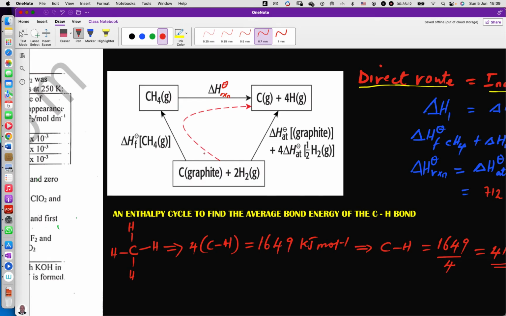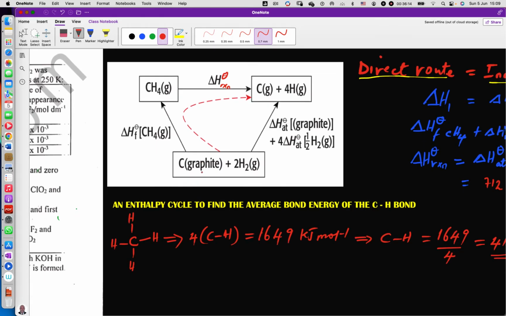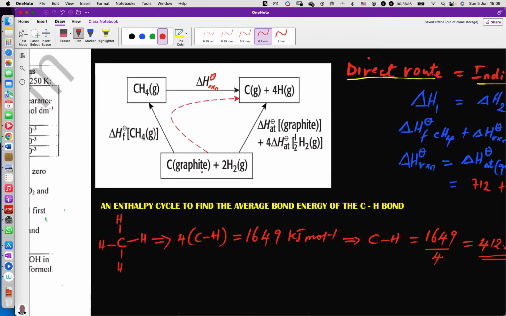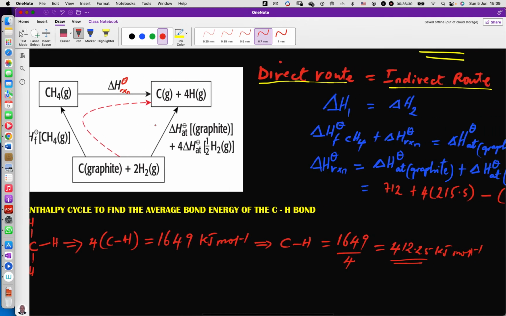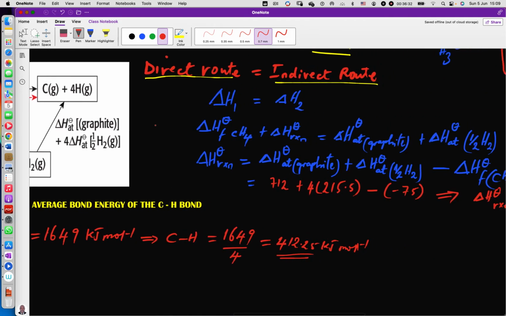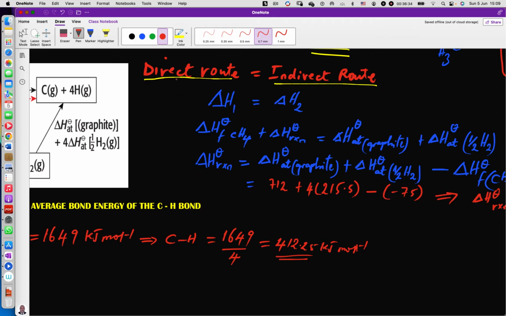So according to Hess's law, in forming this equation, we say the direct route equals the indirect route. The direct route is enthalpy 1, and the indirect route is enthalpy 2.